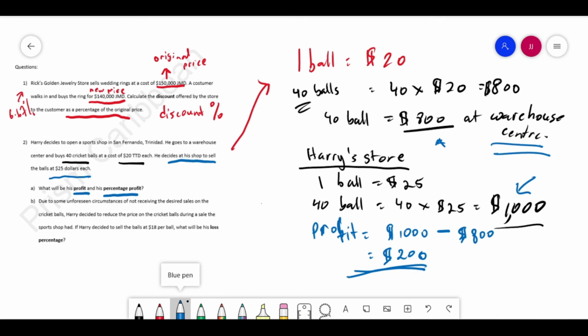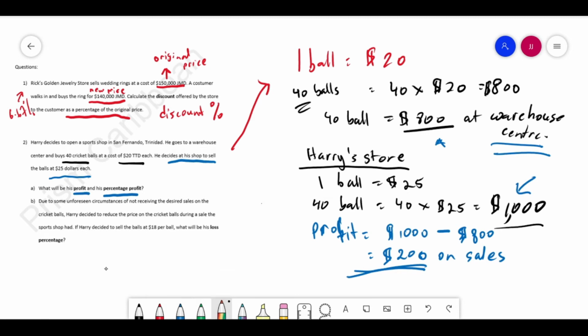In this case, you will be making a profit because you will be gaining $200, right? We can now use this $200 profit and find the profit percentage, or the percentage profit.